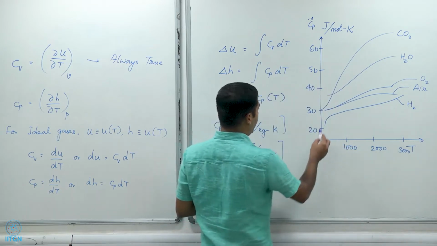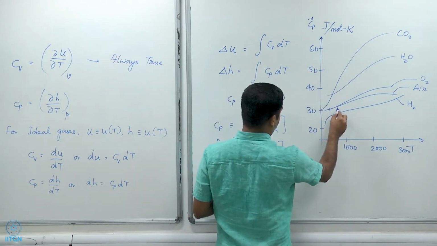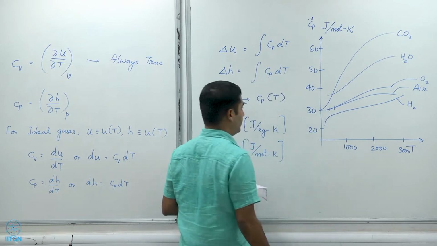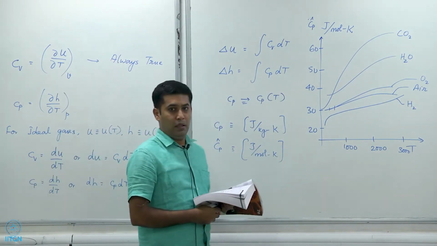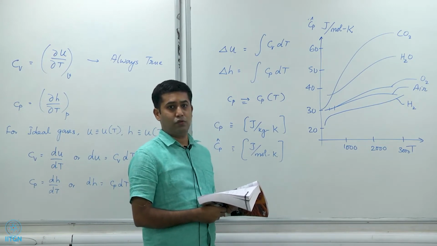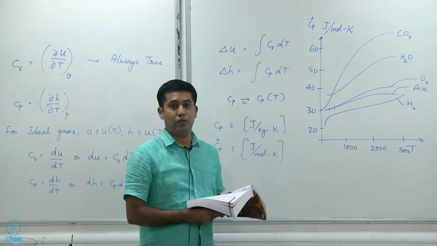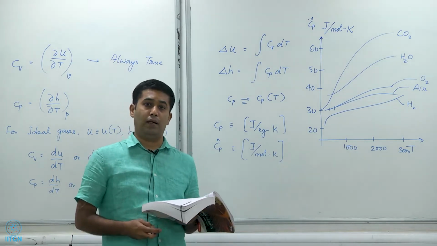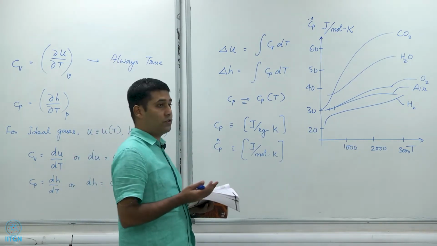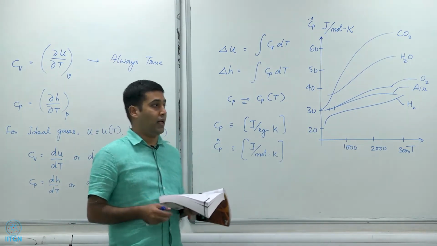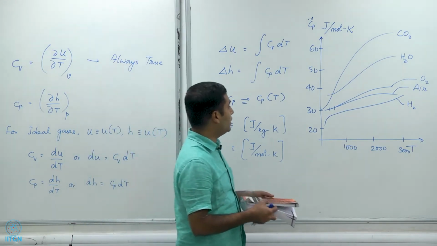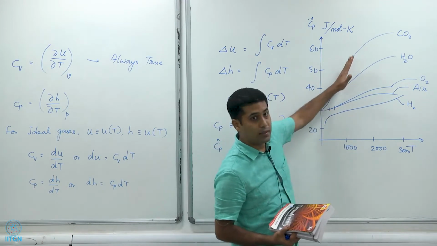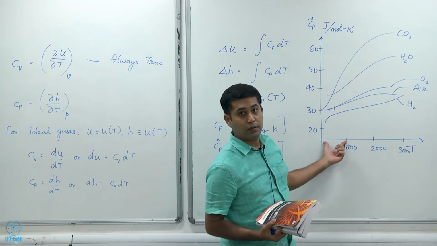So if I'm working in this range, for example, let's say 100 to 500 Kelvin, I can reasonably assume that the Cp value does not change with temperature. I can get away with that, where I'm working with oxygen or air or some such gas, right? But if I'm working with carbon dioxide, for example, I do know that the Cp value changes quite drastically in this temperature range, right?